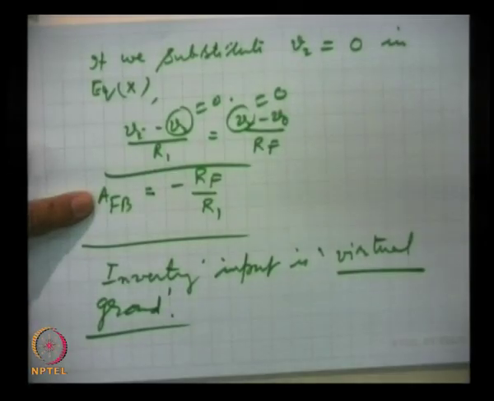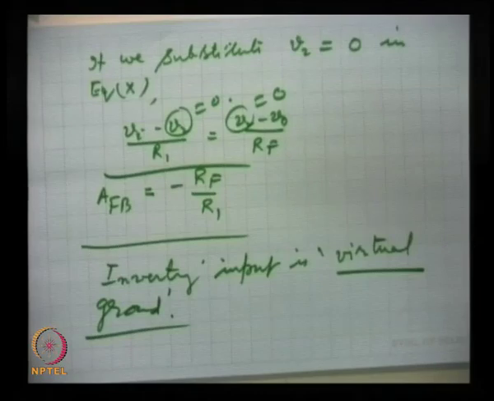This is a great help in simplifying the analysis of more involved circuits like summing, integrator, differentiator, which we are going to study. So remember two things. The gain of the inverting amplifier is just the ratio RF and R1.